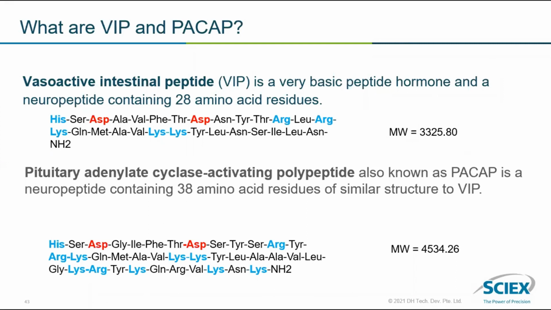PACAP, pituitary adenylate cyclase-activating polypeptide, is a neuropeptide which contains 38 amino acids, and the structure is similar to VIP. You can also see the size of this PACAP peptide on this screen. So what you can see here is 28 amino acids for VIP and 38 amino acids for PACAP.